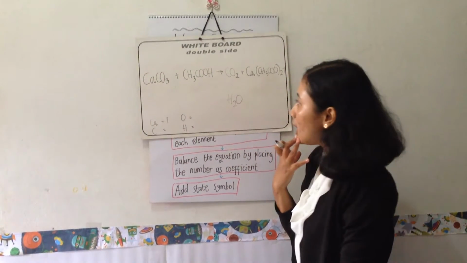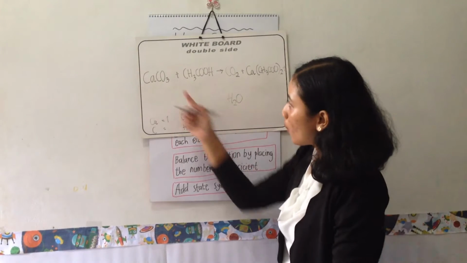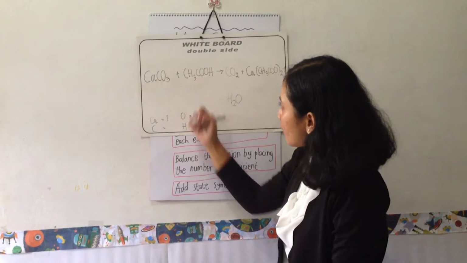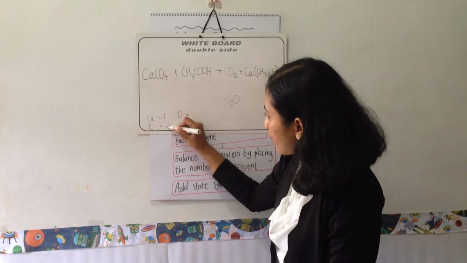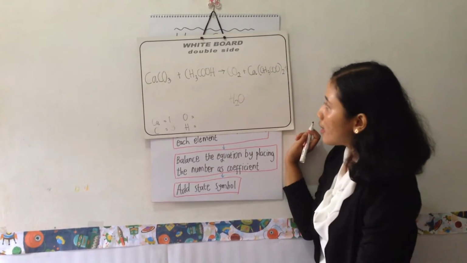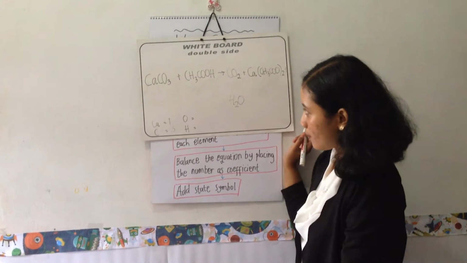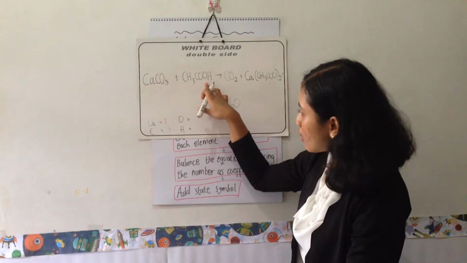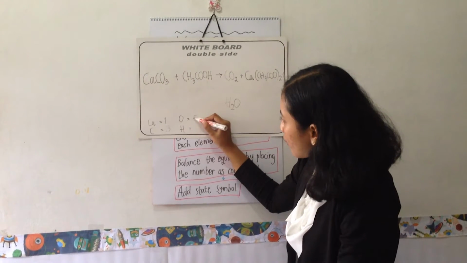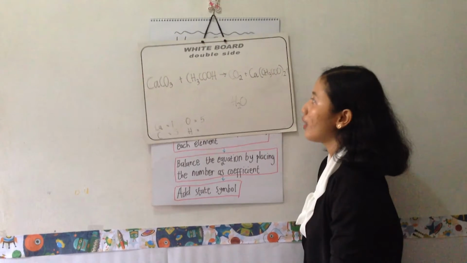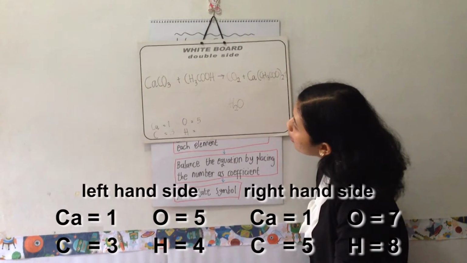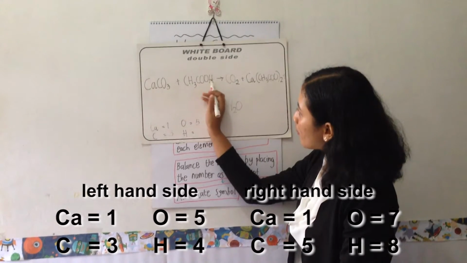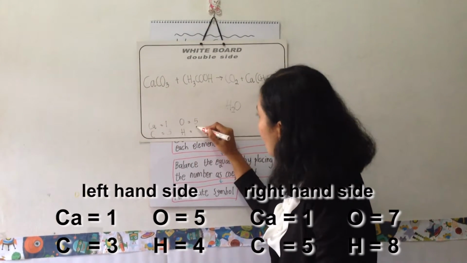And then how many carbon? 1, 2, 3. Okay, right, 3. And then how many oxygen? We have 3 here plus 2 here, so we have 5. The last, how many hydrogen? We have 3 plus 1, so we have 4.